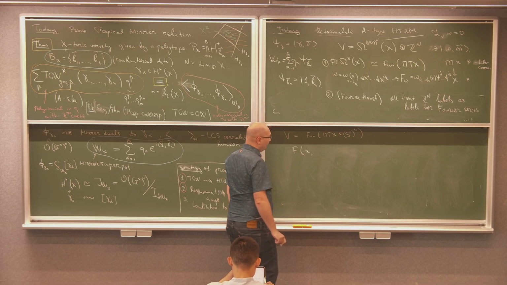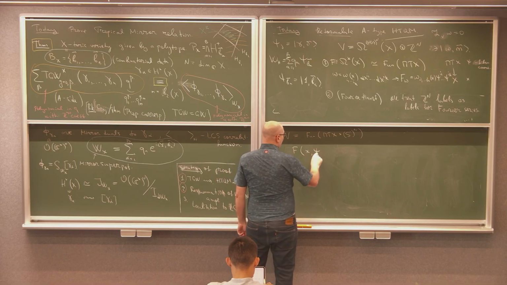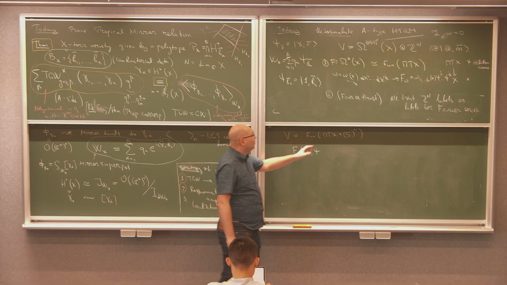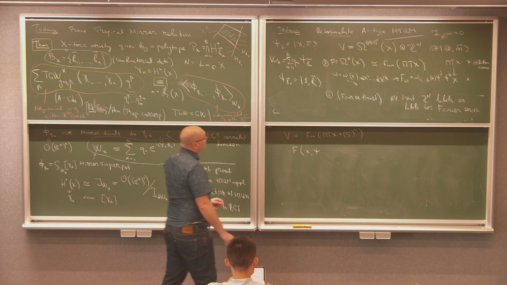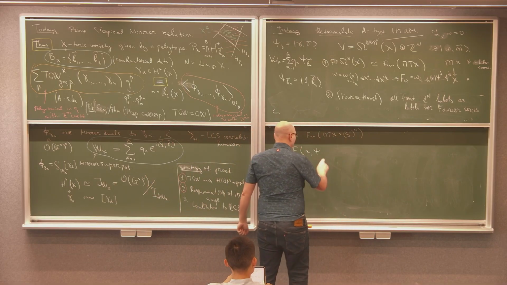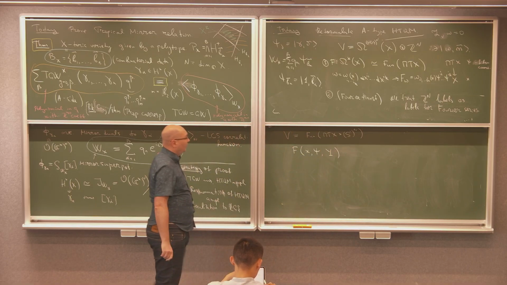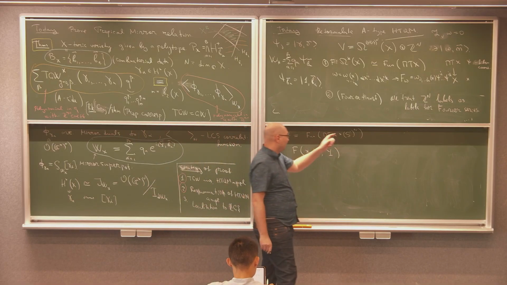There are variables x from this PTX. There are variables psi that represent this basis in differential forms. And then there will be variables capital Y that will be variables from S1.